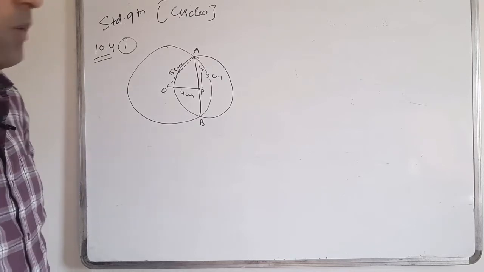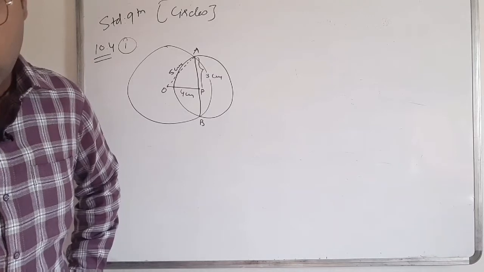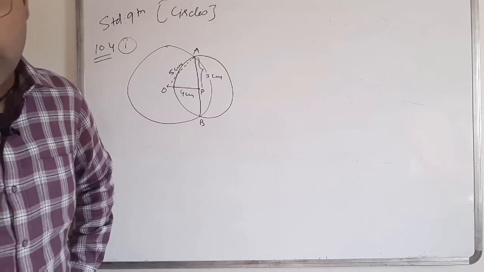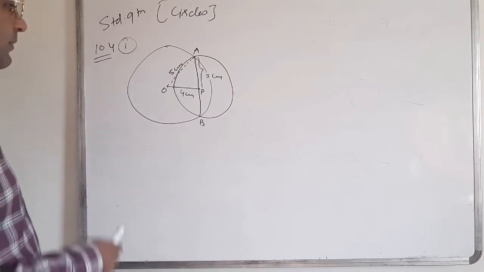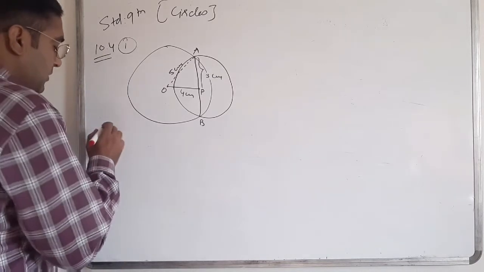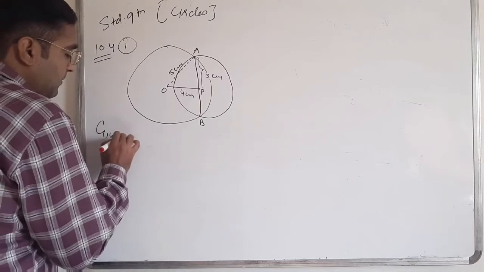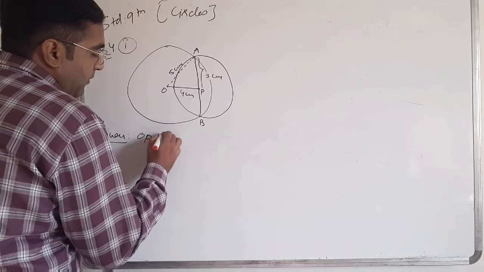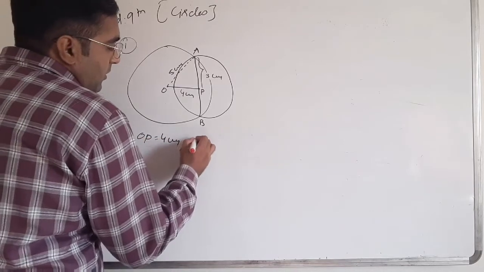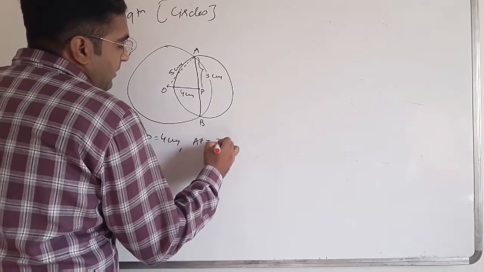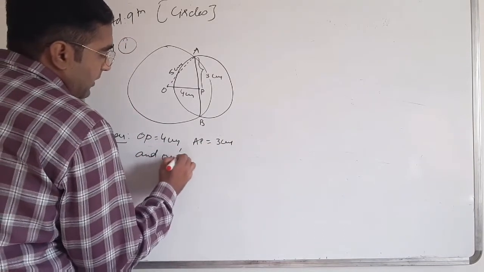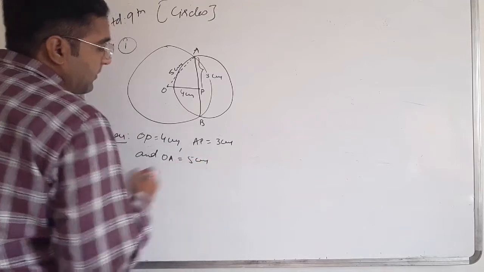So in triangle OAP, in the given, OP is equal to 4 centimeter, AP is equal to 3 centimeter, and OA is equal to 5 centimeter.